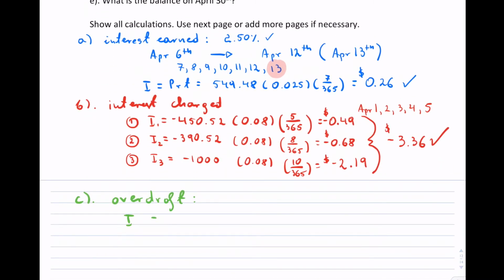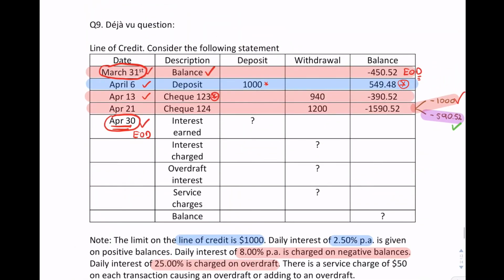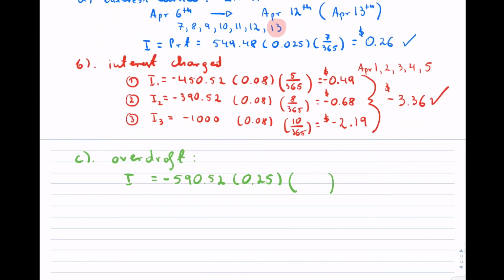So the interest on overcharged, $590.52. So we said that was 25%. Now, how many days was that? Well, notice that this was from April 21st all the way to April the 30th. So we already counted those. That was 10, right? So 10 days.